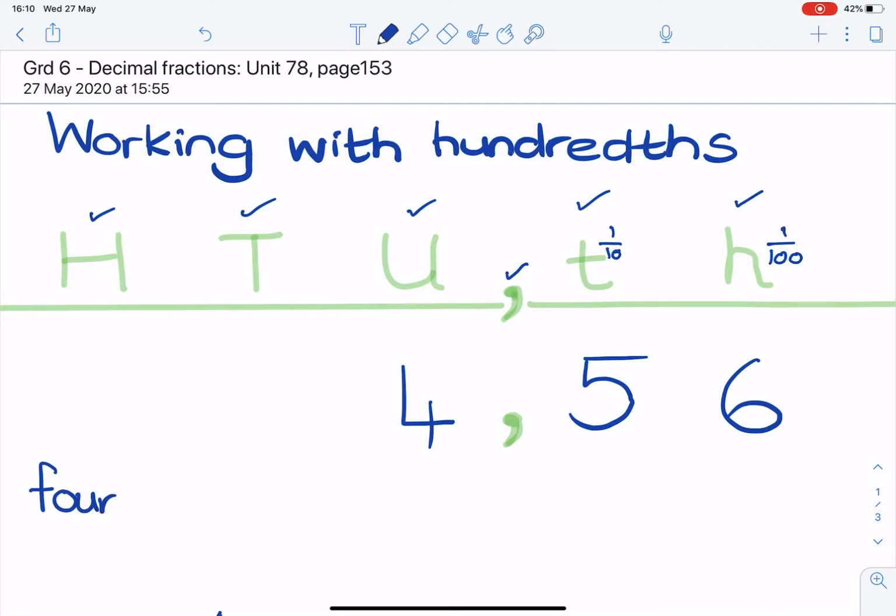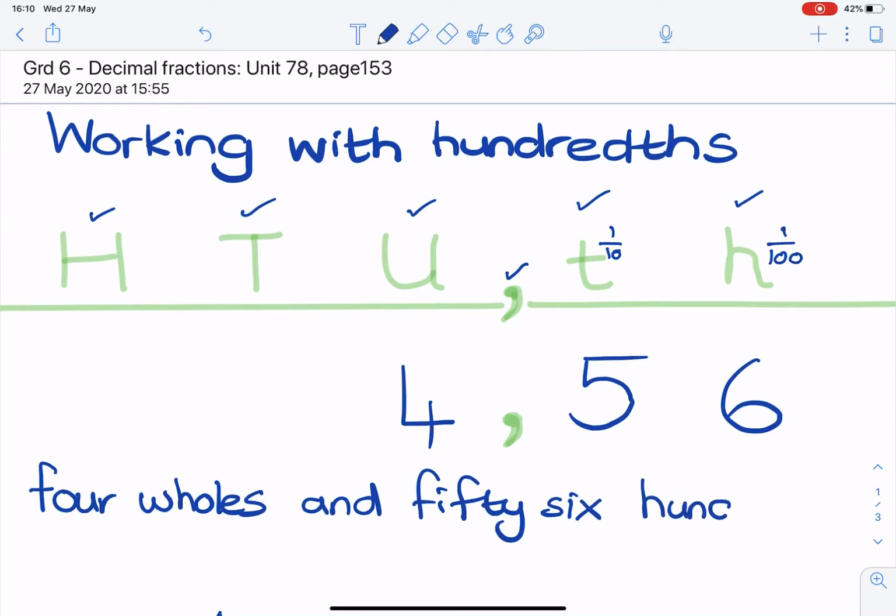4, which is 4 wholes, and 56 hundredths. Because we have got 4 plus 56 out of 100.